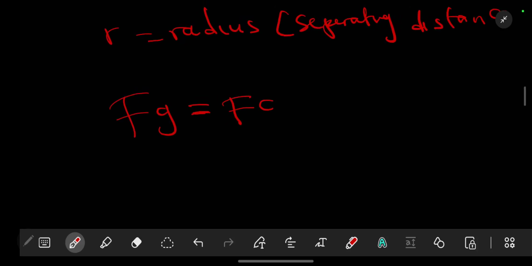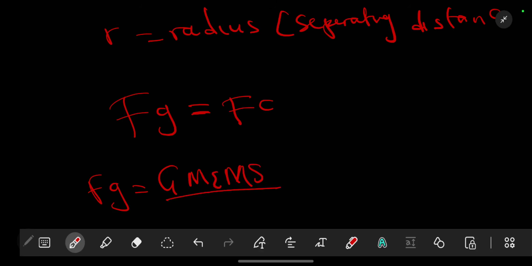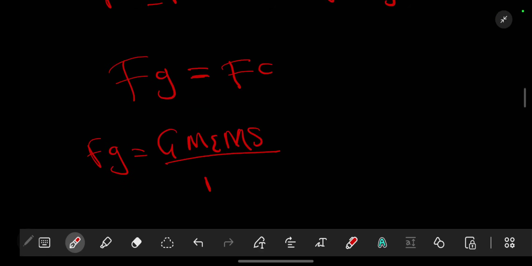Therefore we know that Fg, according to Newton's law of gravitation, is equal to G m1 m2. In this case we are going to use the mass of the earth times the mass of the sun, even if you interchange them it's okay, over the square of the radius.